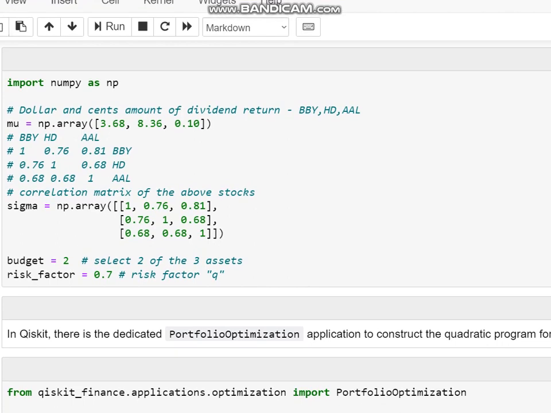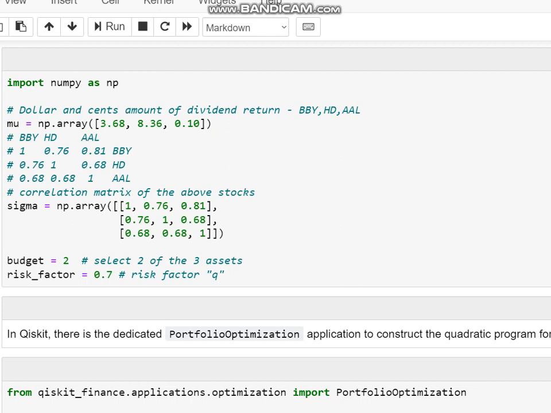So we're importing NumPy as np. Now we need our NumPy array, which is our expected return, which we're going to call mu. It's the dollar and cents amount of dividend return for our three stocks that we saw in our correlation matrix, which is BBY, Best Buy, Home Depot, and AAL.